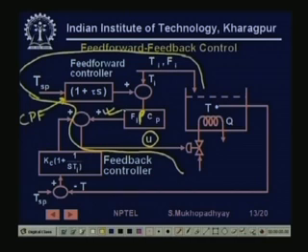But now the control input actually consists of two components. One part comes from feed forward, the other part comes from feedback. So now we are measuring the T also and feeding it back, comparing it with the set point, generating error here and then feeding it through a PI controller.